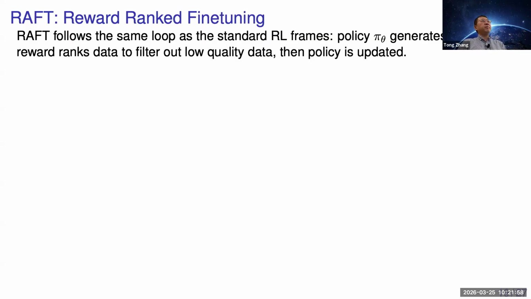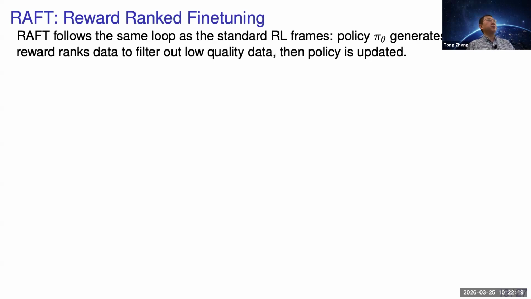Some of your generated data will be high quality based on reward, and some lower quality. Then instead of forming a comparison pair, which is preference data, you just filter out some quality data. If I have a pair, with a larger reward and a smaller reward, we just remove the smaller reward, or just keep the larger reward.